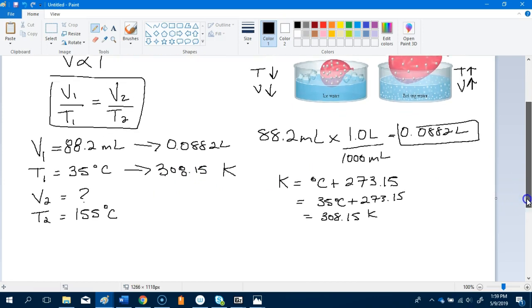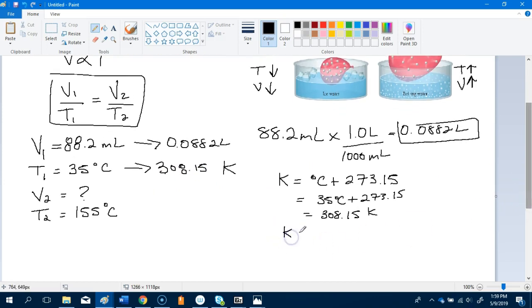And then I have to do my final temperature, which is 155 degrees Celsius plus 273.15, which is equal to 428.15 kelvins.